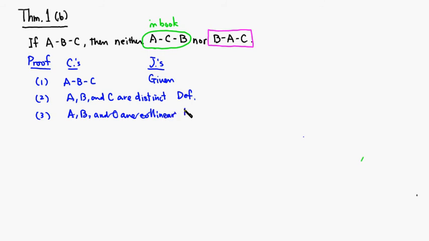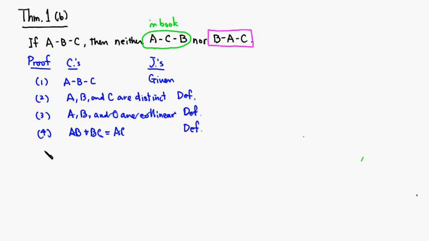Again, this is by definition. And 4, we have this equation, AB plus BC is equal to AC. Again, this is by definition.